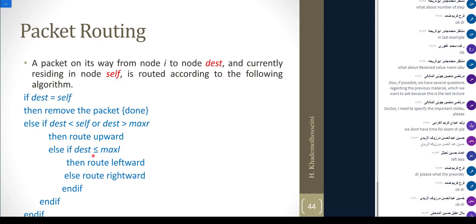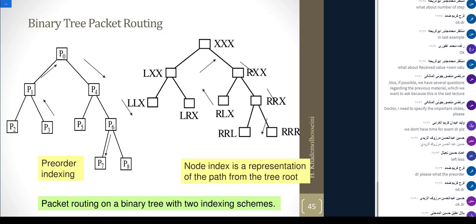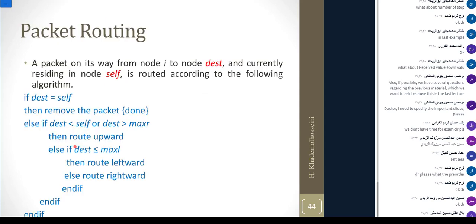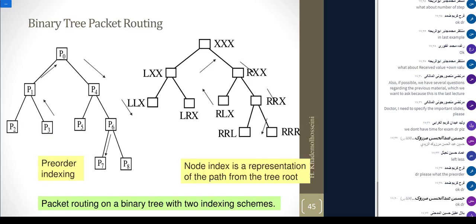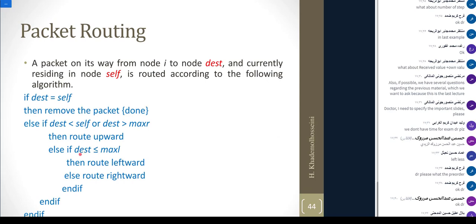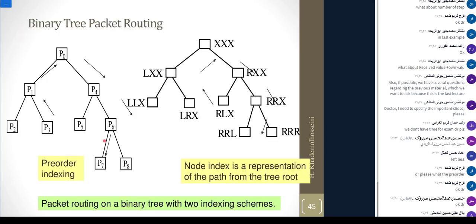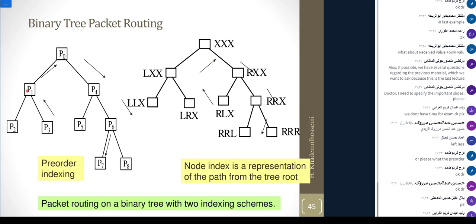How about this one? Dest is equal or less than max L. For example, we are in P4, the self is P4. Dest is less than max L. For example, our dest is P1.